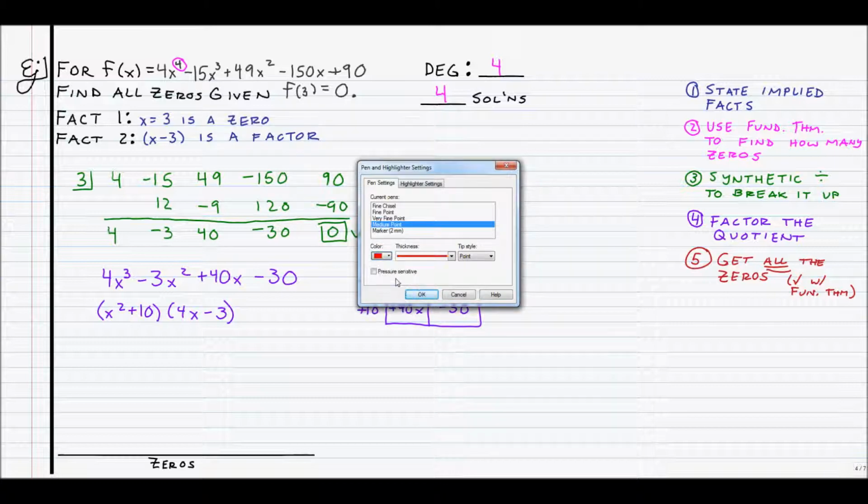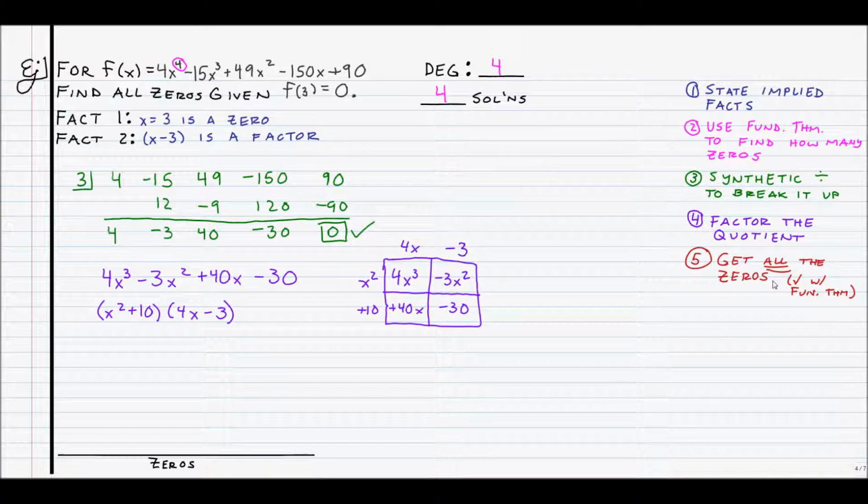What's left? One more run. I've got to get all the zeros and check to make sure that I got 4. It says up here I've got to get 4, so I'm going to make sure that I get 4. So from right here, if I set each of these factors equal to 0, 4x minus 3 equals 0 implies add 3, divide by 4. I'm going to get that x equals 3 over 4.